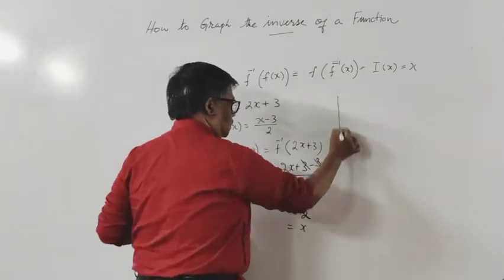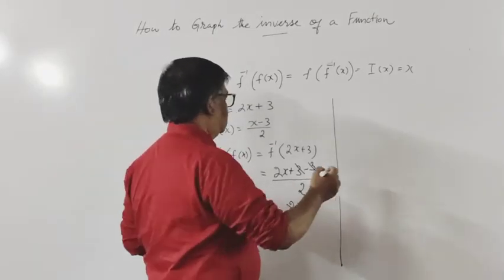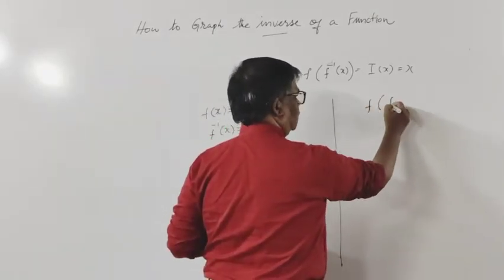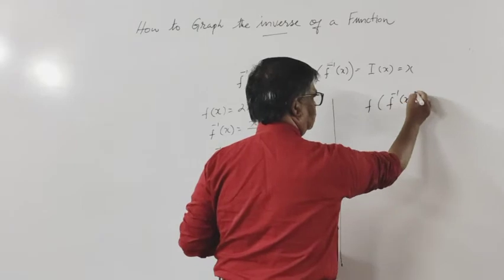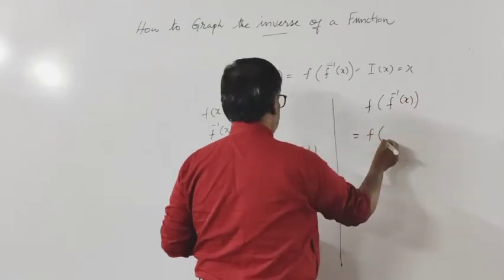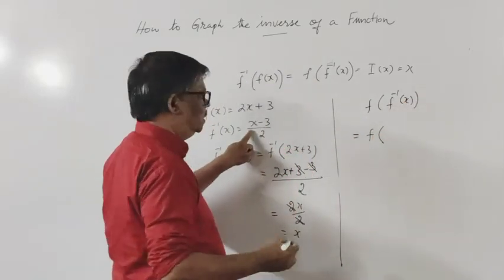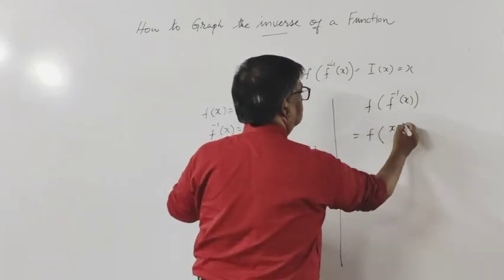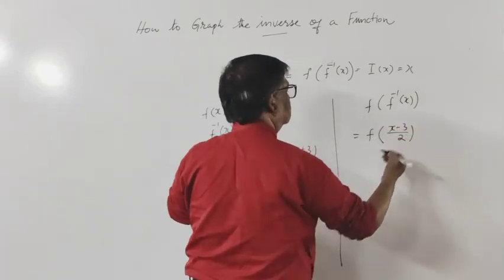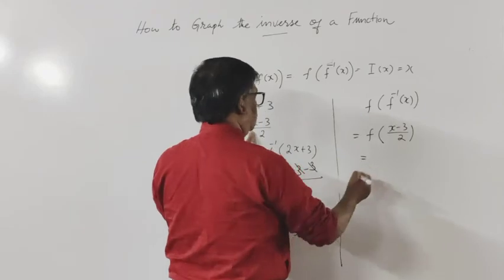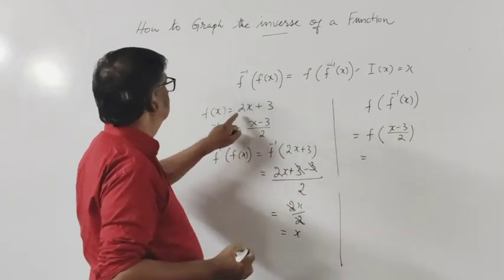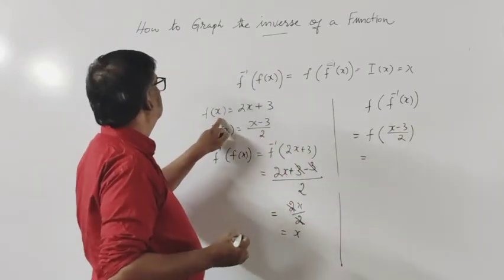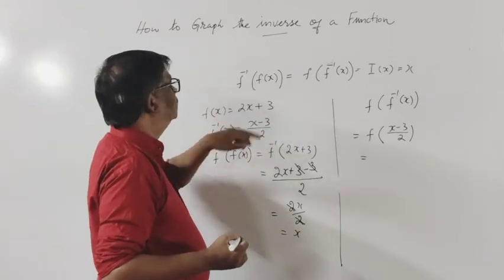Now let us see what is f of f inverse of x. This is equal to f of (x minus 3) by 2. That's equal to, according to the rule of f of x, 2x plus 3. That is, whatever is coming here, we multiply by 2 and add 3.